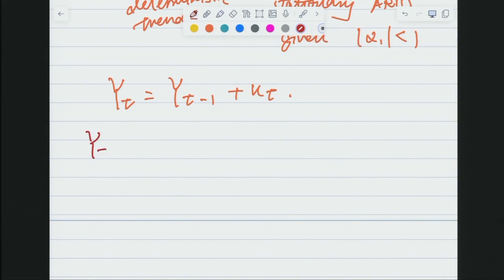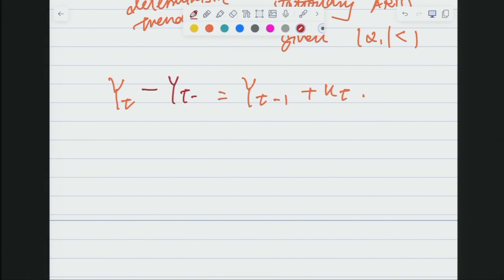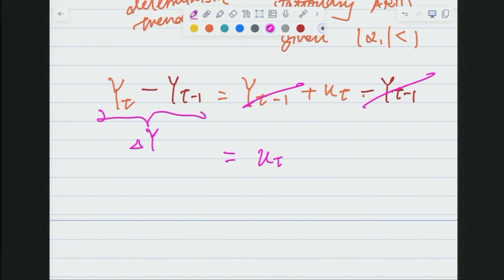Imagine if you subtract yt minus 1 on both sides of the equation. Okay, then what is left on the right-hand side is just the ut, the white noise component, because the yt minus 1 cancels itself out. Okay, and what is on the left-hand side is essentially the first difference, the delta yt.